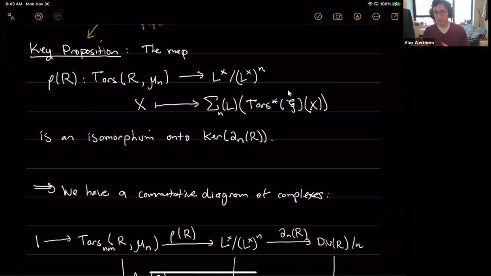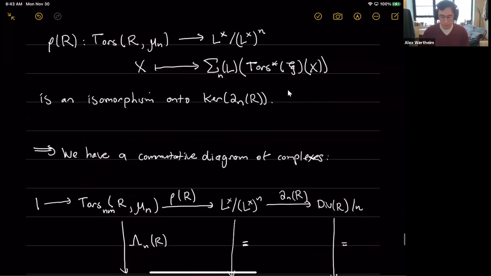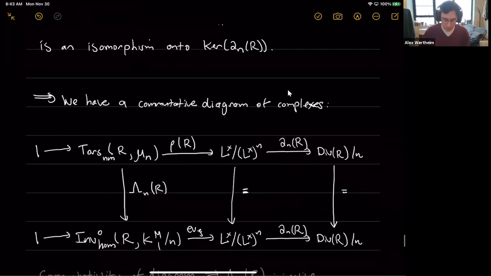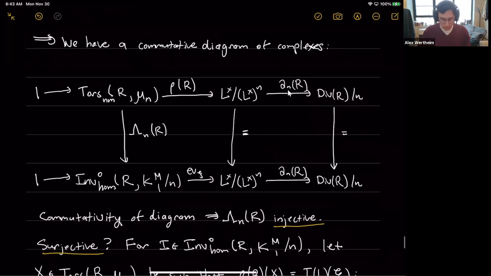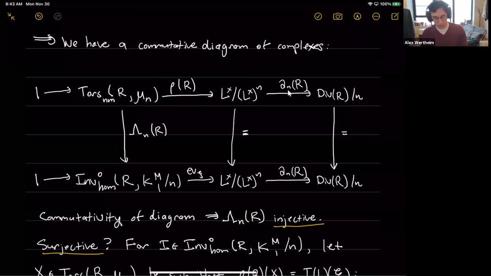And I claim that it's just the image of the normalized mu_n-torsors over R sitting inside of mu_n-torsors over R. Specifically, we have a commutative diagram of complexes as follows, where the first map from mu_n-torsors over R normalized is just given by rho_R. And then we have this complex that we've already seen on the bottom row.